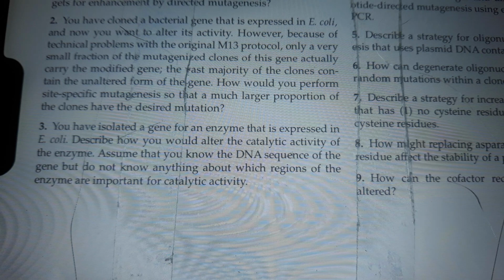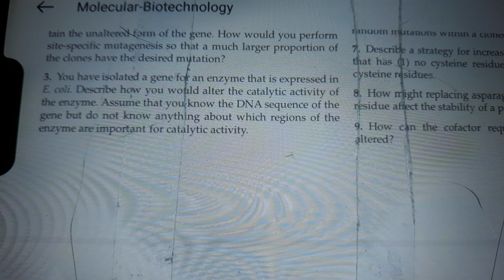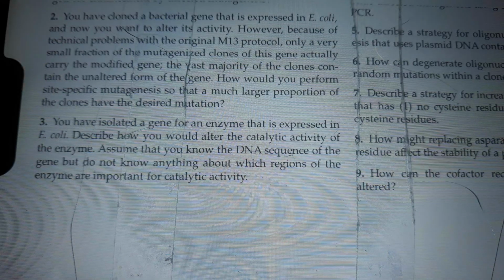Discuss the advantages and disadvantages of oligonucleotide-directed mutagenesis using either bacteriophage M13 or PCR. 5. Describe a strategy for oligonucleotide-directed mutagenesis that uses plasmid DNA containing the gene of interest. How can degenerate oligonucleotides be used to generate random mutations within a cloned DNA fragment?